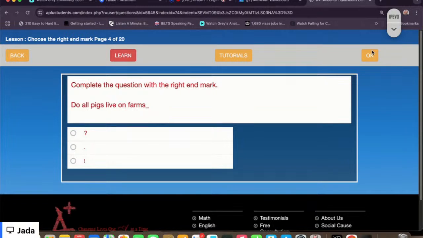What is the right end mark here? So do all pigs live on farms? Question.